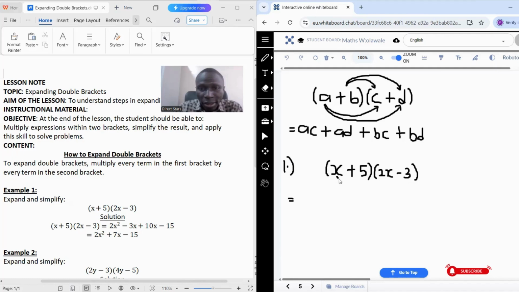So this will be x multiplied by 2x. We're going to have this to be 2x squared. Also, we use x multiplied by minus 3. We're going to have this to be minus 3x.